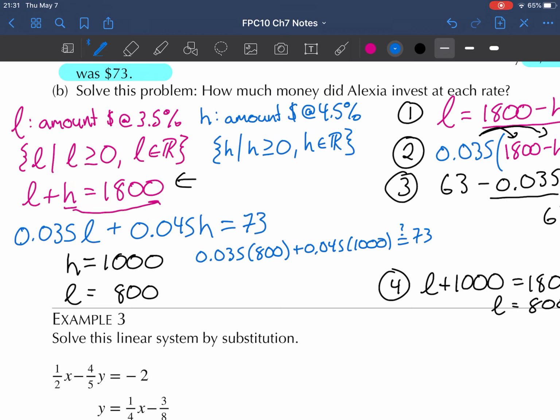All right, 0.035 times 800 equals $28, plus $45. Does that equal 73? Yes, it does. We just verified. This would be like step 5, verify. We verified it. It works. She invested $1,000 into the high interest account and $800 into the low interest account.